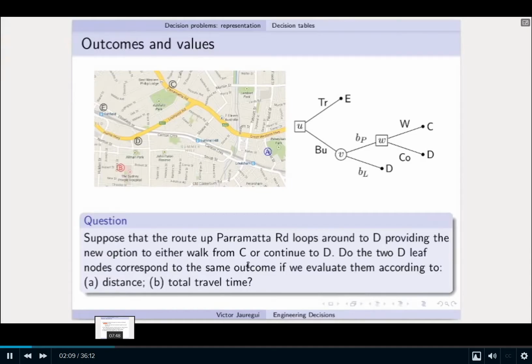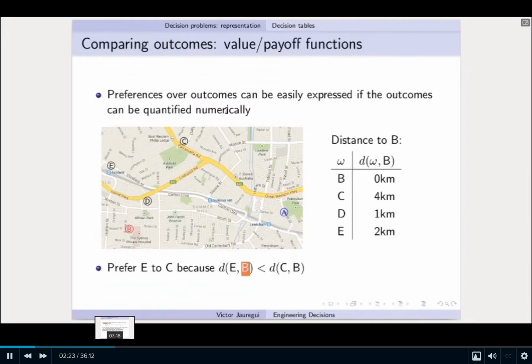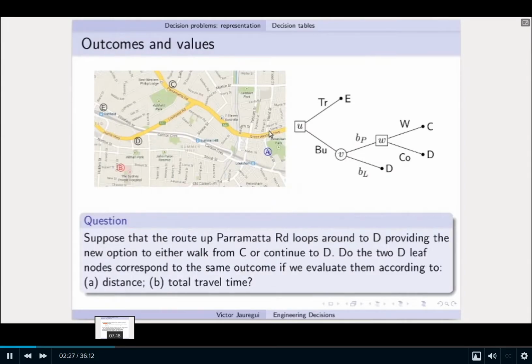But I want to stress the difference between an outcome, which was one of the elements we talked about, which is essentially a situation, and the payoff, or the value we give to that outcome. This example might highlight what that is.